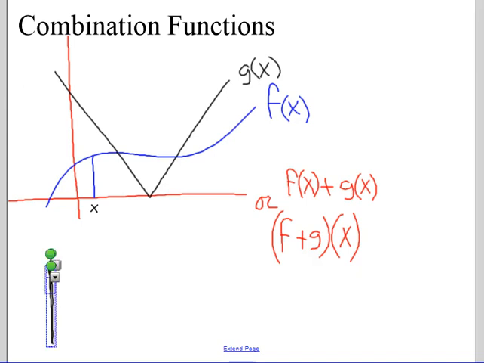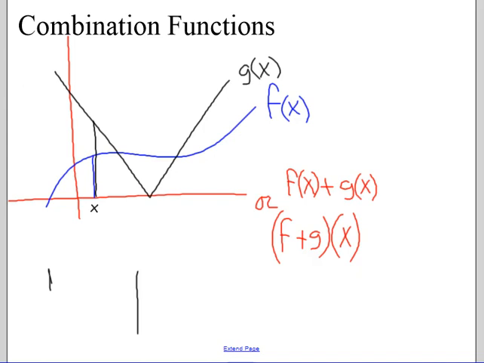So at this x value, this distance is f of x. And at x, oops, I only got one of them. That's because it didn't go up high enough. Oops, that one did.